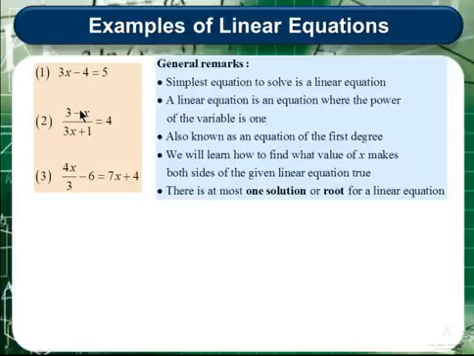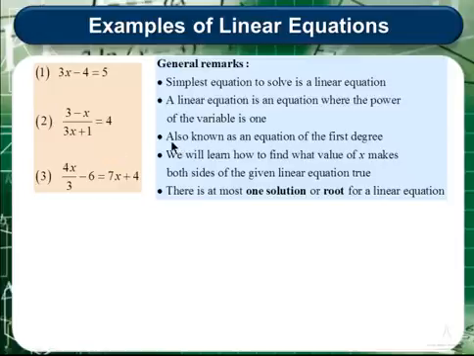Note these three equations, linear equations. The unknown in all three cases is x, and the exponent in this case is plus 1. And with no term do we have an exponent of the unknown bigger or other than plus 1.